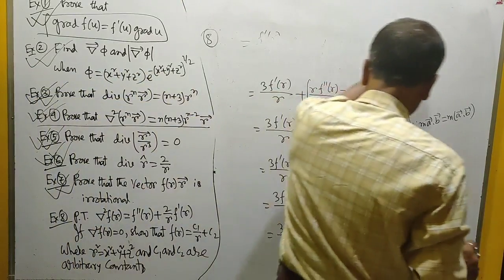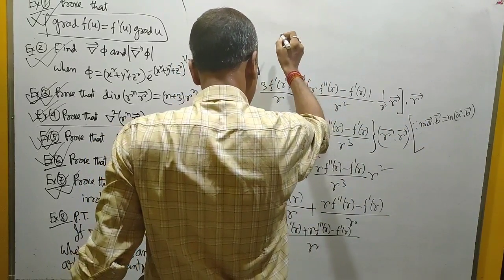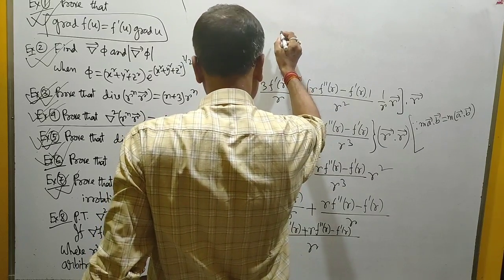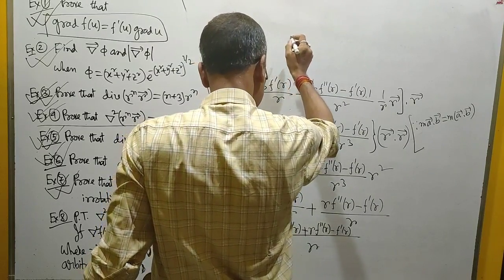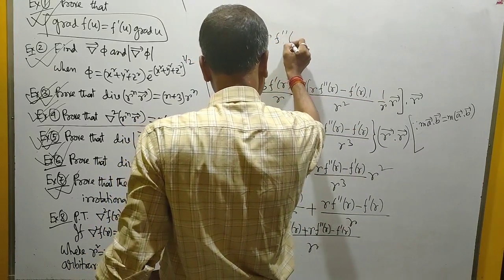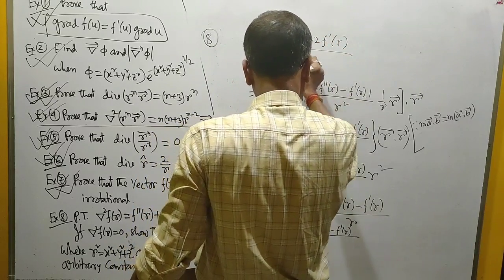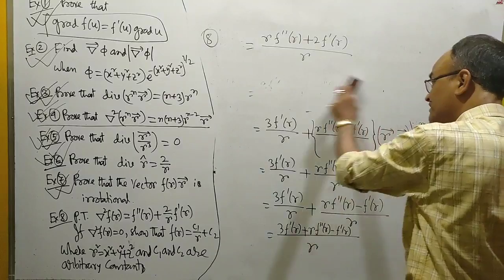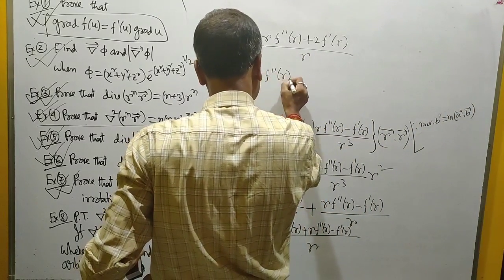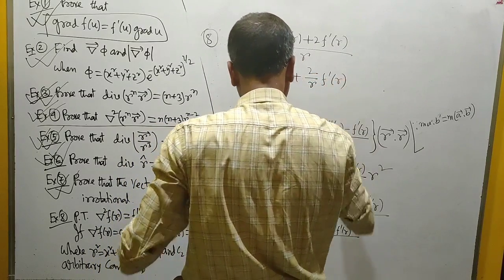This is equal to 2 f dash r. This is equal to r f double dash r plus 2 times f dash r divided by r, which is equal to f double dash r plus 2 by r f dash r.